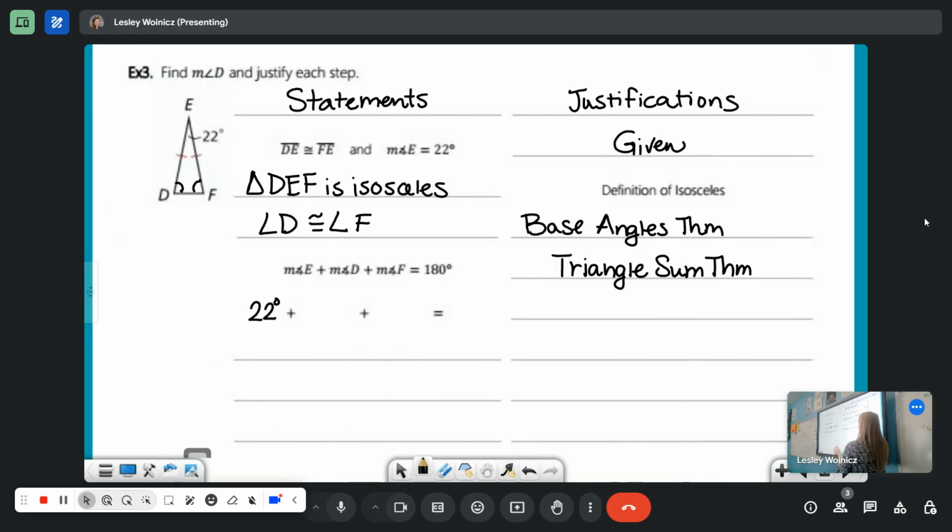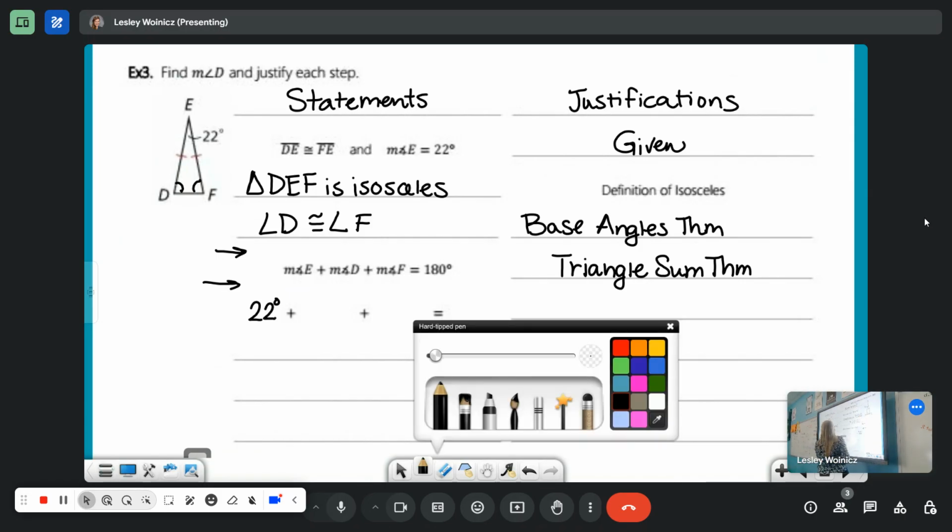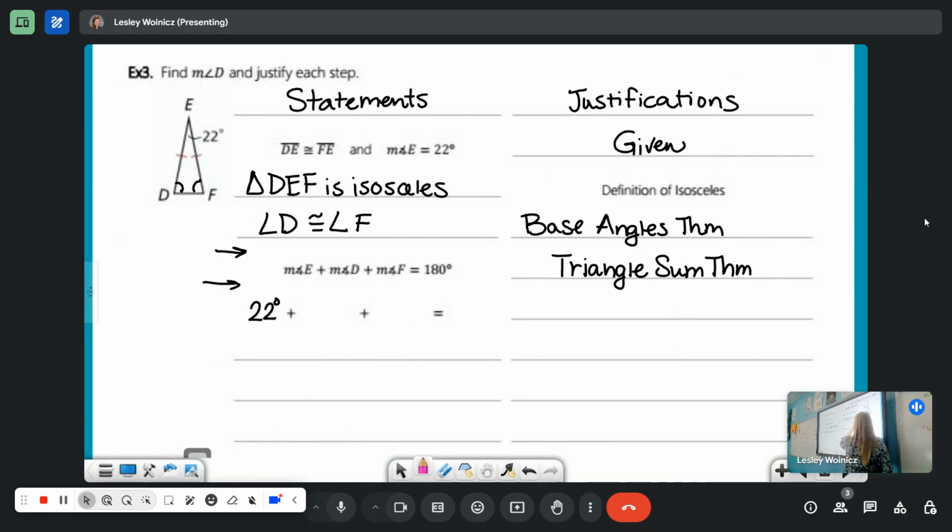So it doesn't matter if you put it here or here, but before you do the substitution, you need a missing step that I forgot to do because I was doing this in my head and it was probably late. So you need to tell me that the measure of angle D equals the measure of angle F. Okay, and that comes from the definition of congruent. I'm sorry that I missed it in my head.